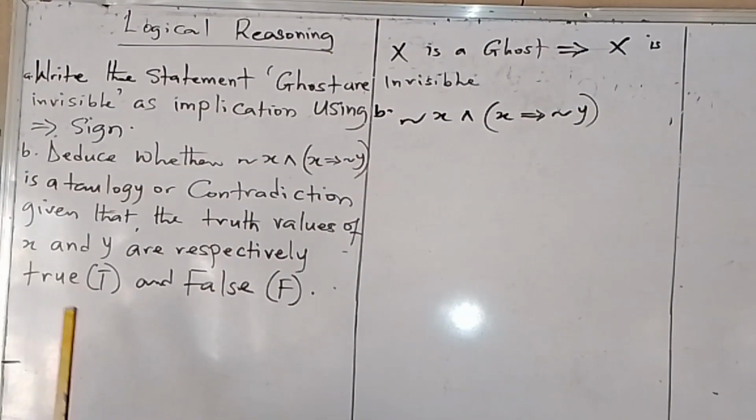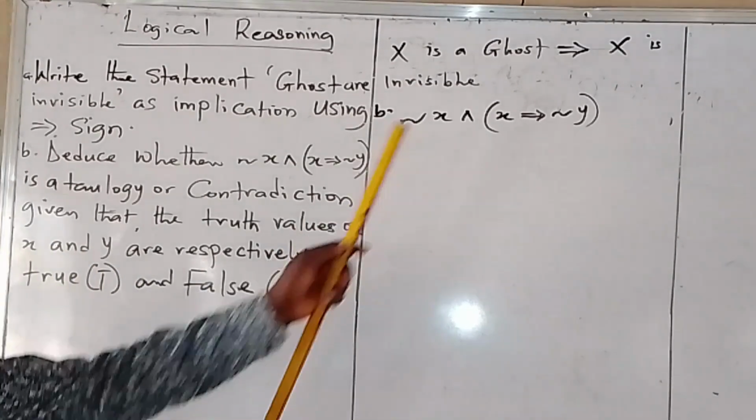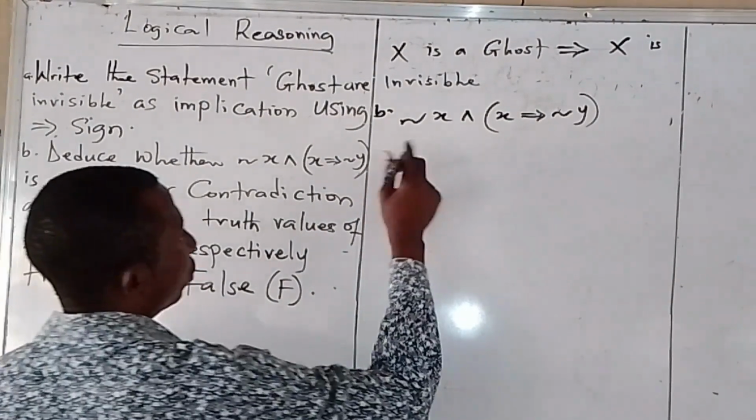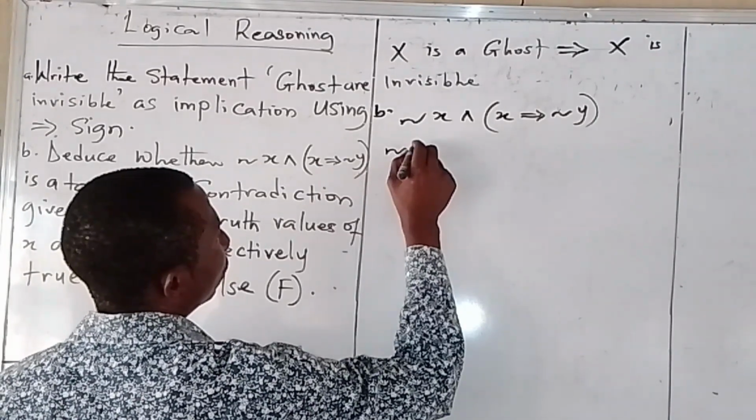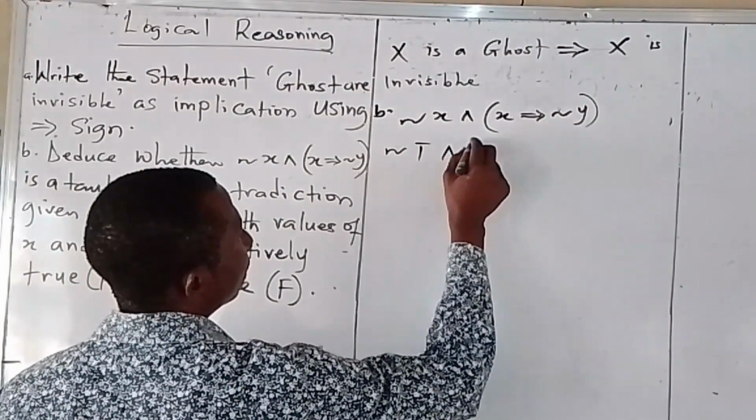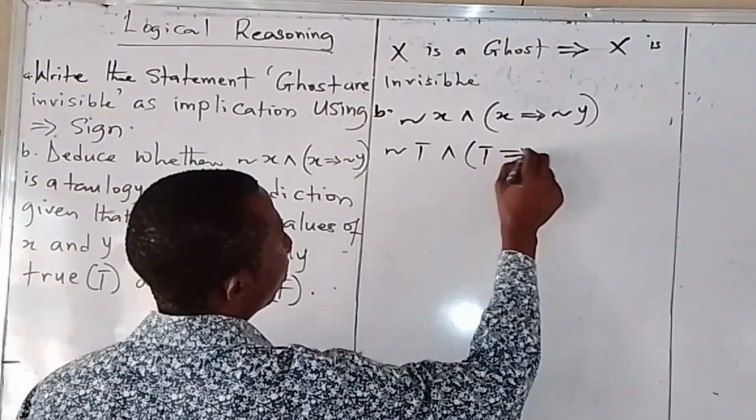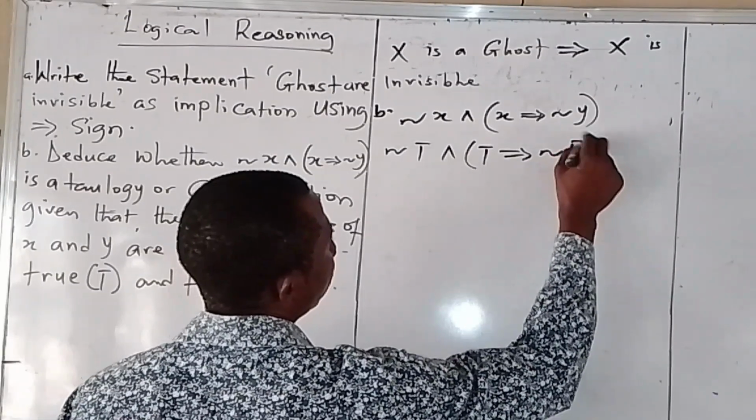In the question we have been given that x is true, y is false. So we just substitute inside this proposition: negation of true, and true implies negation of false.